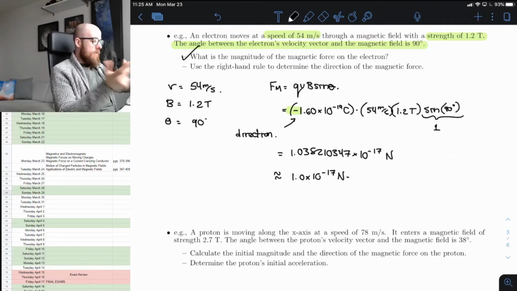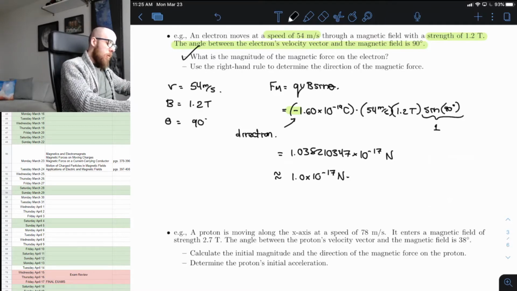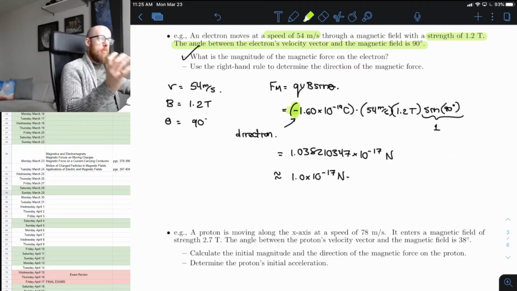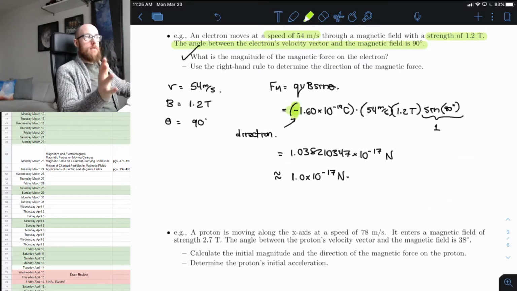However, again, we have this negative sign kind of in the way, and that negative sign is actually going to flip it. So instead of the force being up, because the particle is negative, the force will actually be down. That's the one place you have to be really careful. The right-hand rule applies for positive charges.